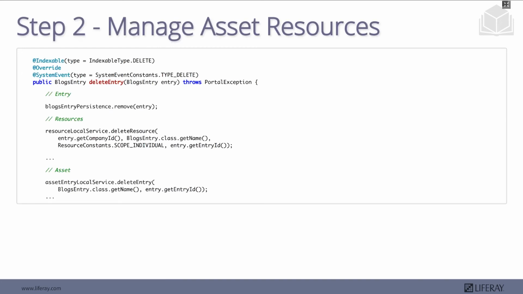And then we can do the same thing with the delete. So when we delete our blog entry, for example, we'll also have the asset entry deleted as well. A little bit confusing, right? The names are so close. So whenever the blog entry is deleted, the asset entry will be deleted with it as well.